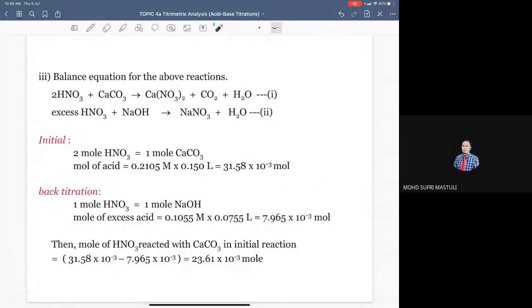First, of course, you should know the chemical reaction.